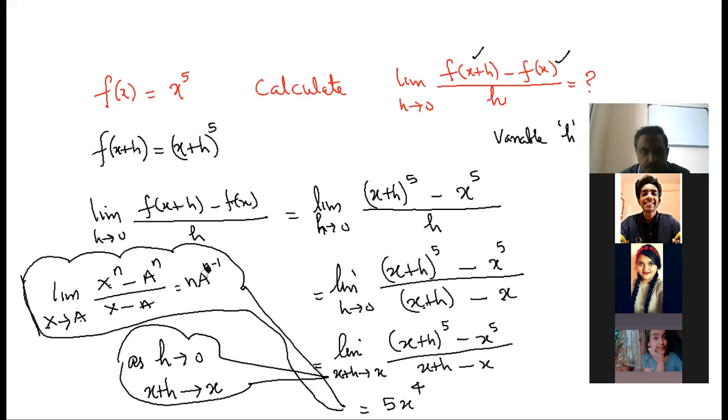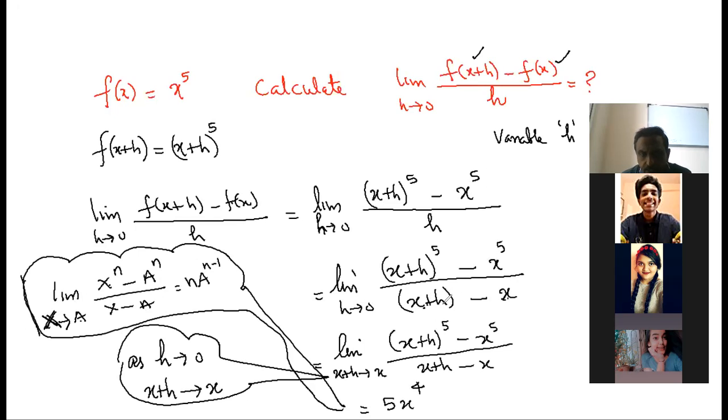Now we have to use this formula to calculate. To make it into this formula, this term and this term should come to the denominator. Do you agree with that? Then only, with x to the power n minus a to the power n, the denominator should be x minus a. So I added an x and subtracted an x. Now it became x to the power n minus a to the power n upon x minus a. But the limit should be x tending to a, whereas here the limit is h tending to 0.